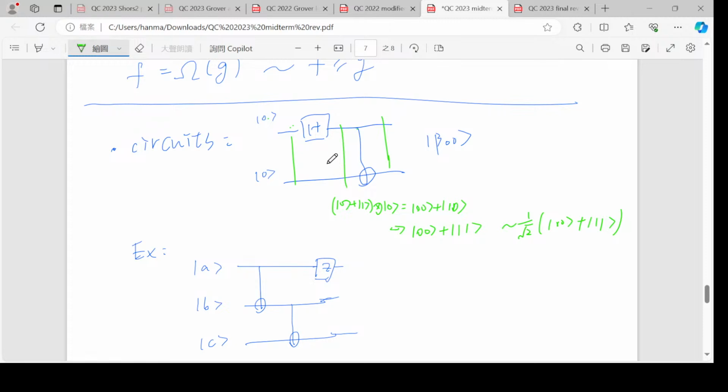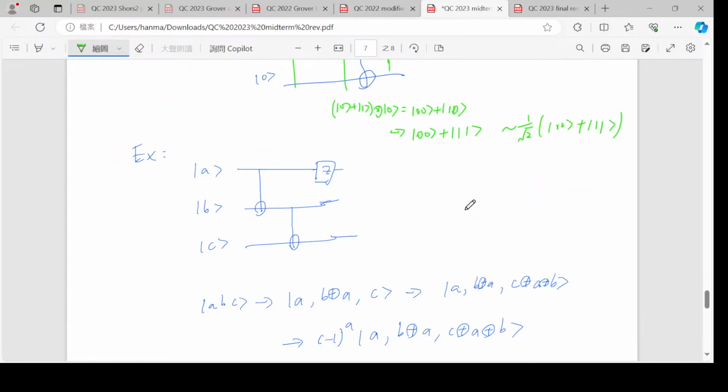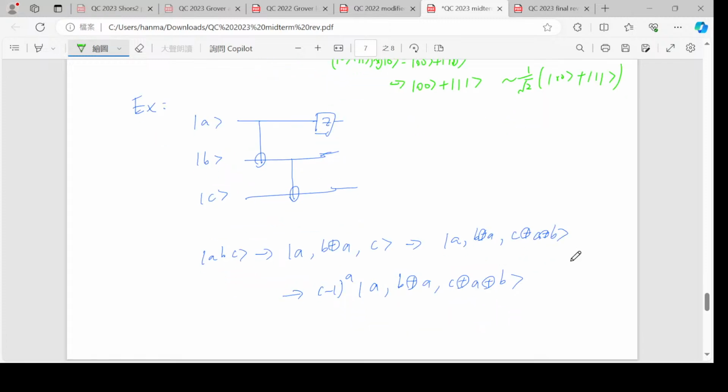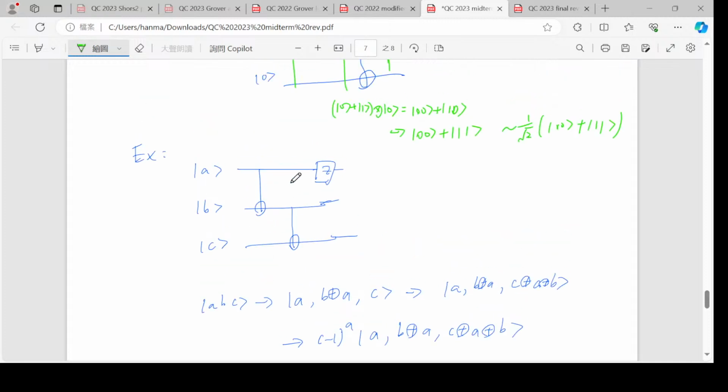So usually that's how you calculate the output of a circuit. Then we have a more complicated example, and we can do this even algebraically. A lot of the time you can think of the input as a standard basis state, and if there's no Hadamard, then you stay in a standard basis state, and everything can be written out nicely in an algebraic way.